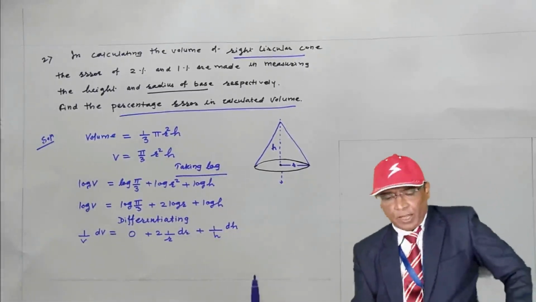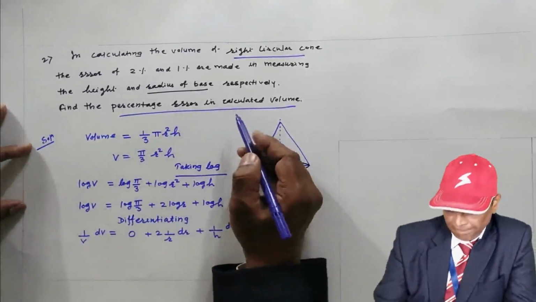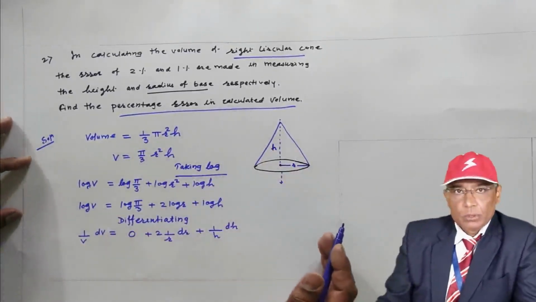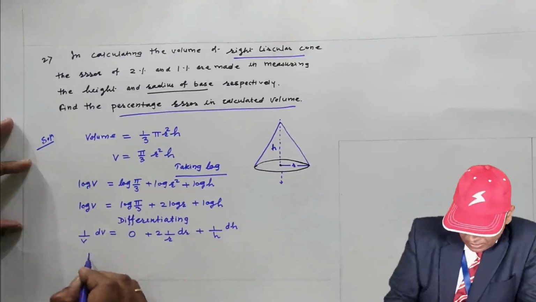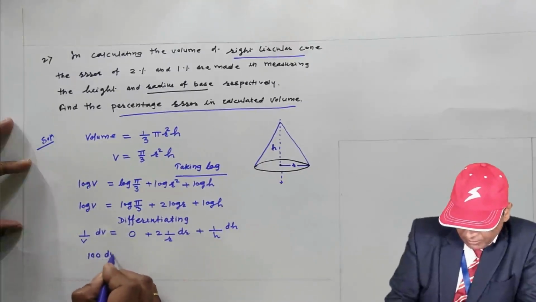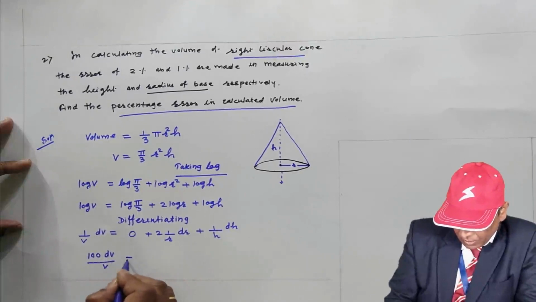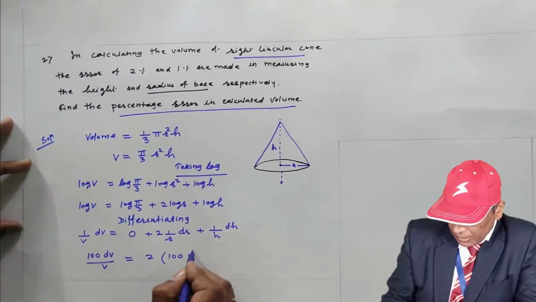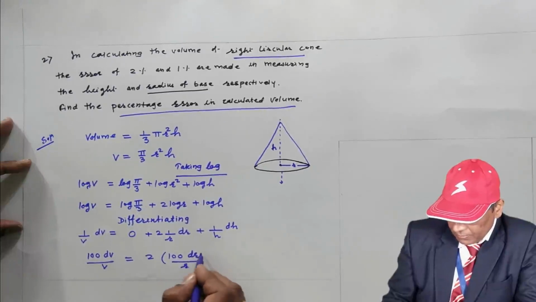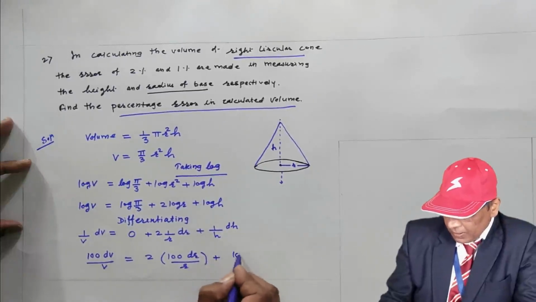I want percentage error. So don't wait for multiplying by 100. I am multiplying it by 100. 100 dV by V equal to 2 times 100 dr by r plus 100 dh by h.